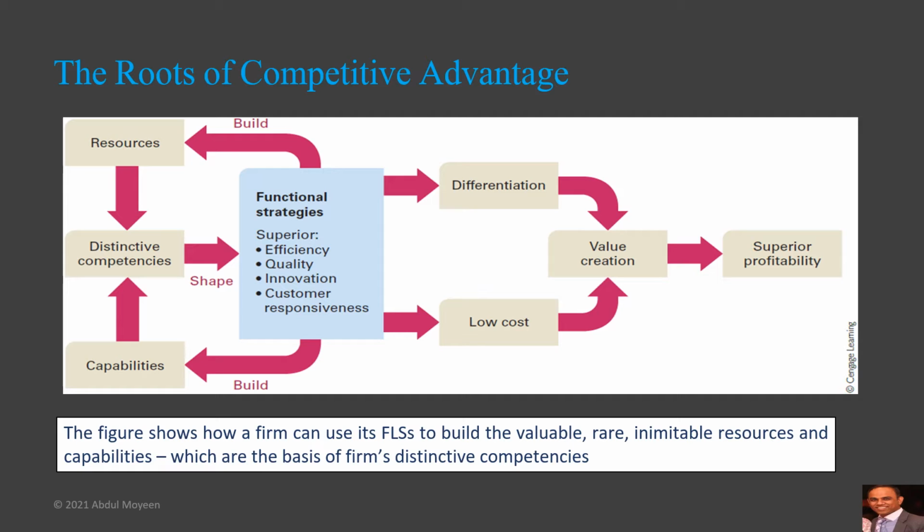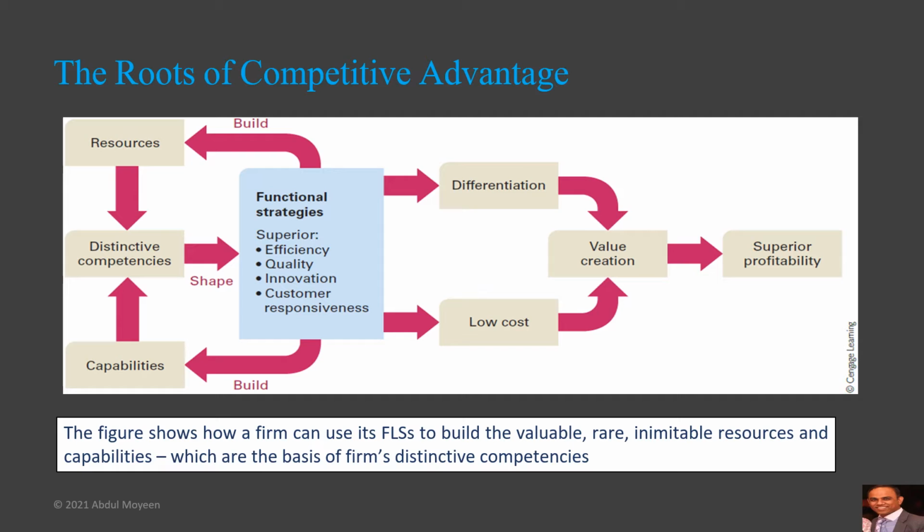How is it differentiated? It is differentiated in terms of quality and innovations, and because it is differentiated from its competitors' products, customers are willing to pay a premium price for Apple's iPhone or Apple's products.